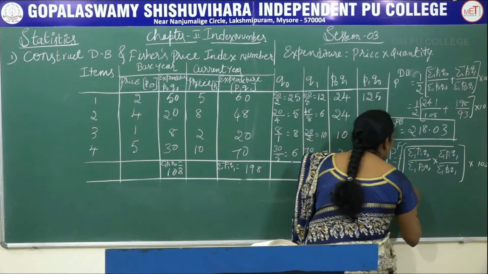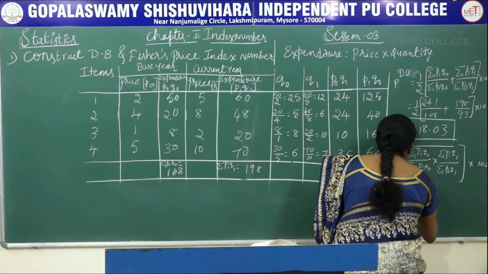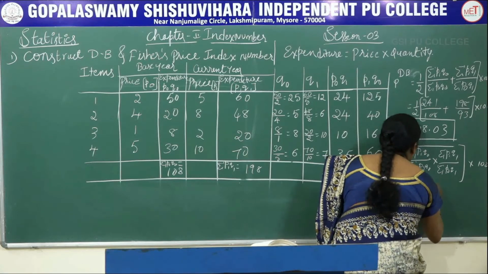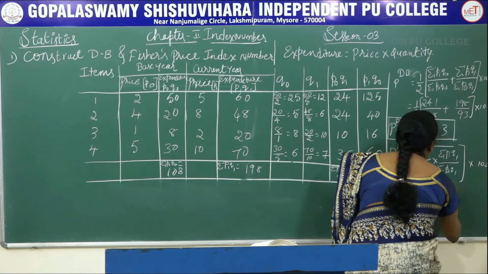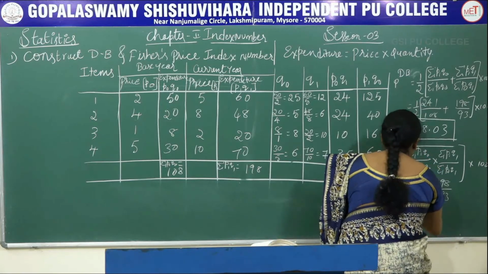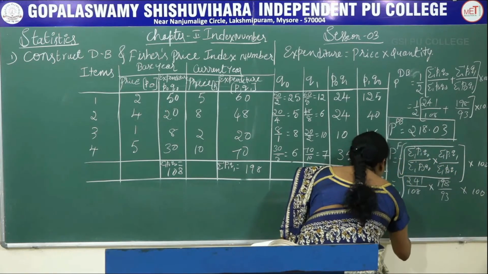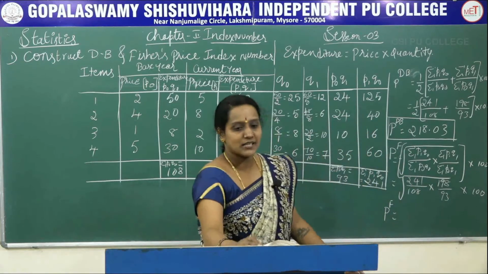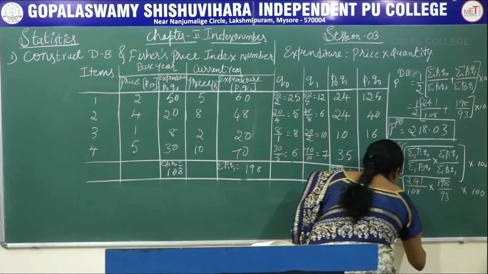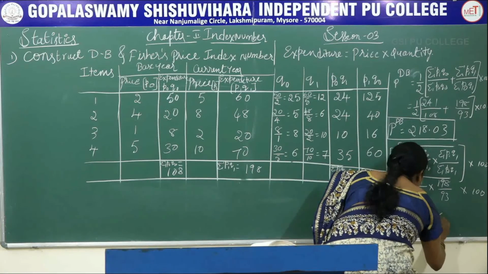Now you substitute the values. It is 241 by 108 into 198 by 93, the square root into 100. So Fisher's price index is 217.96.